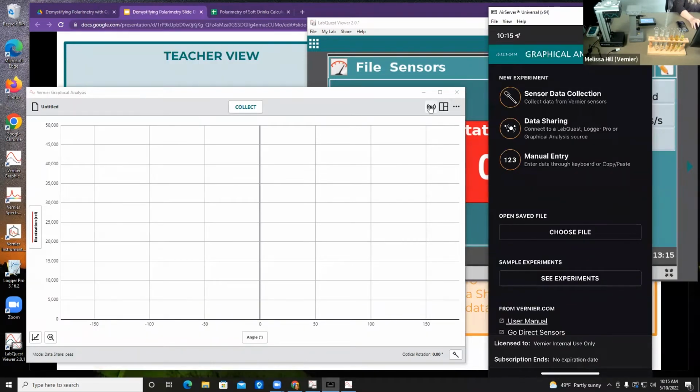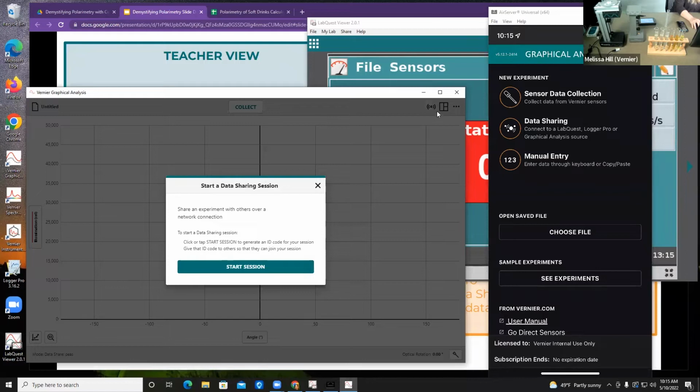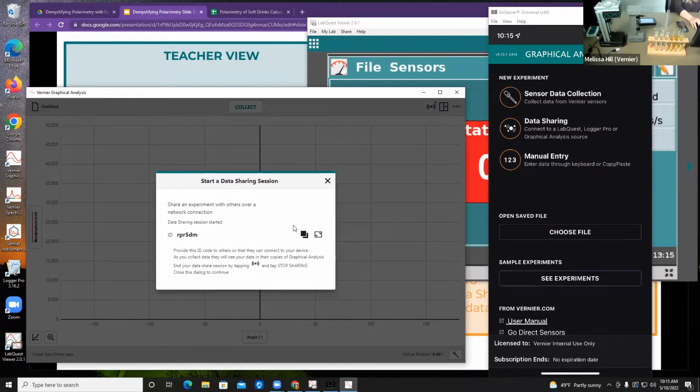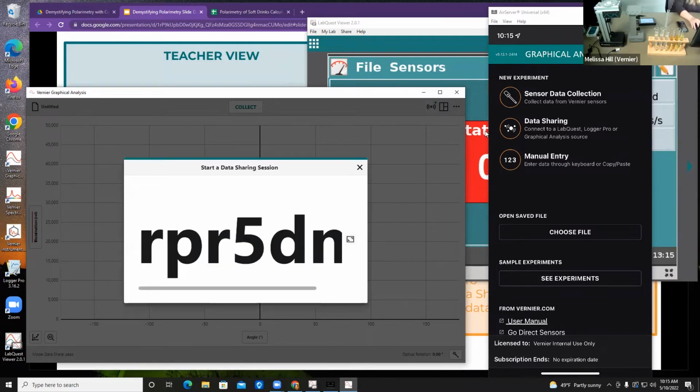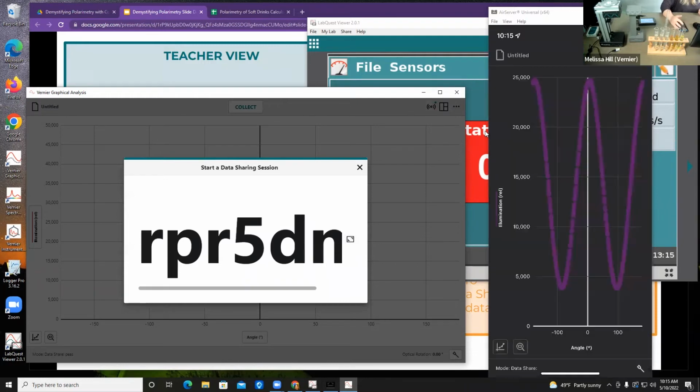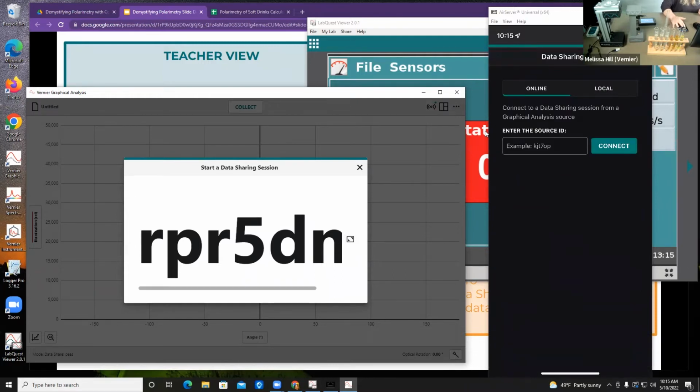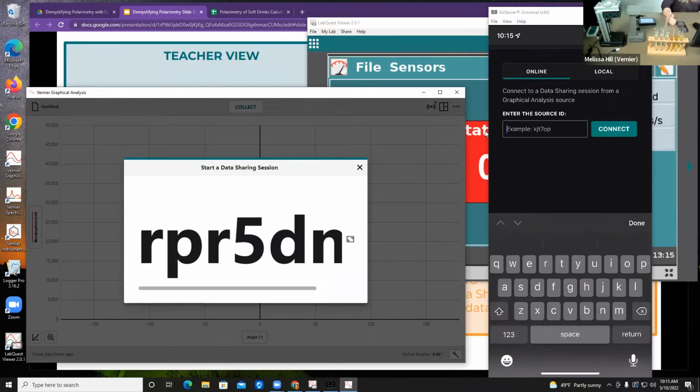So I want to data share my session. So me as the teacher, I'm going to click on the little TIE fighter and start my session. But then you as the students will click on data sharing. And then in the online data sharing, you're going to type in this code, RPR5D.